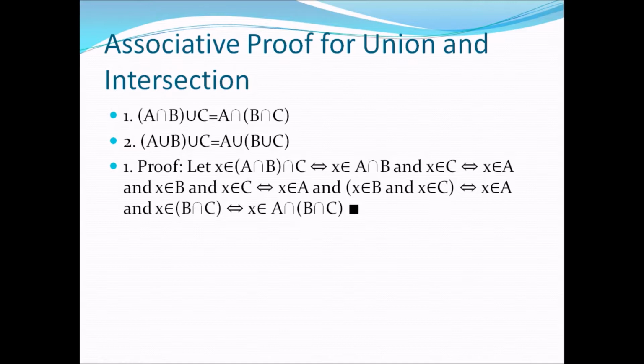Because to prove two sets are equal, usually you prove one is a subset of the other, and so you can go either way with these arrows for the proof.